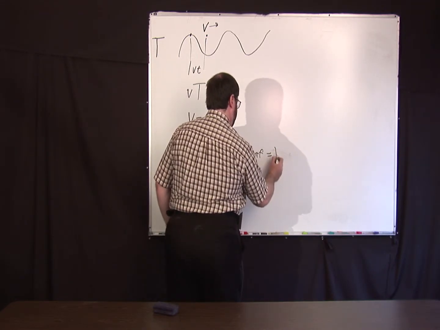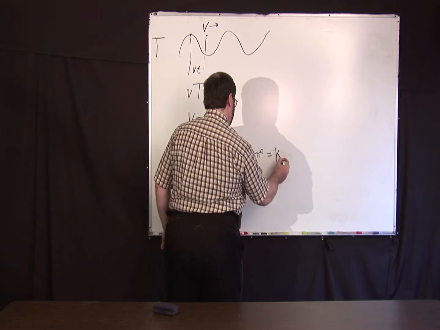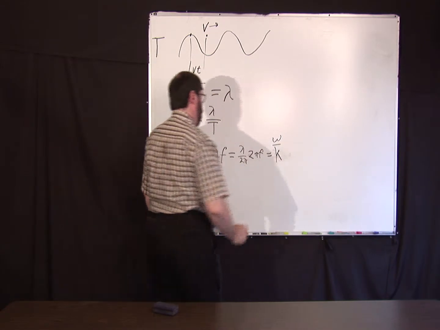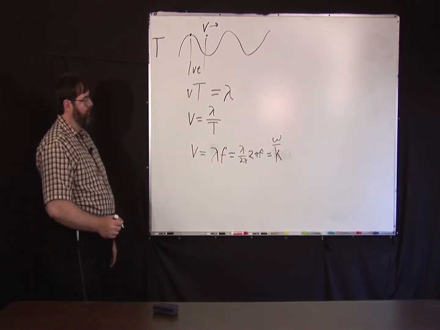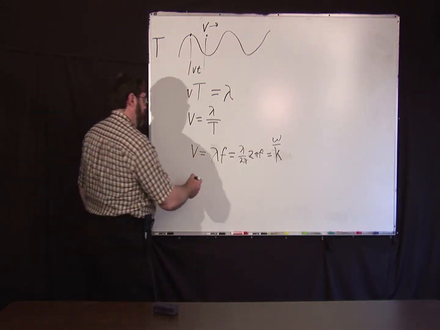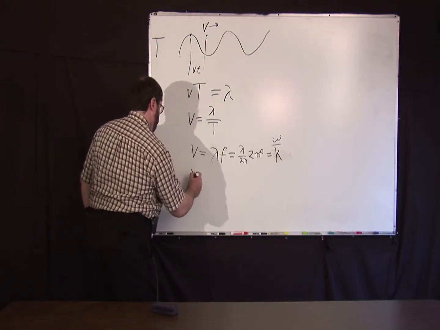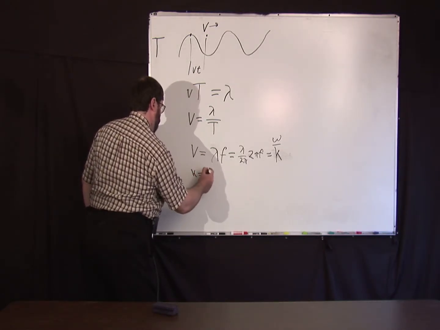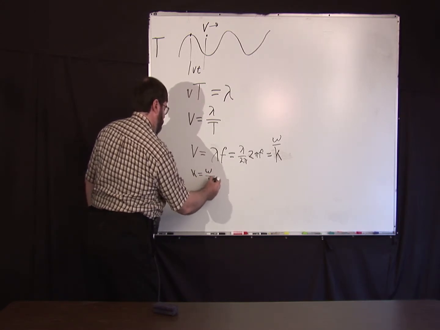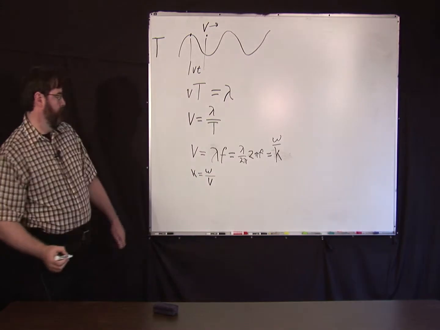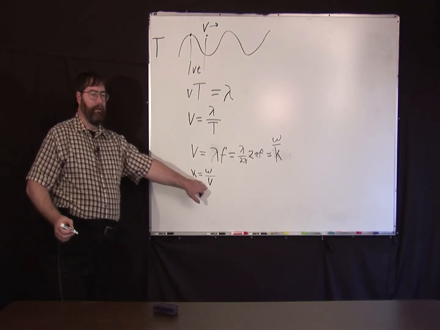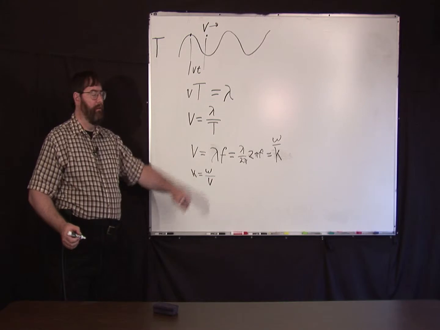This is k, it's 1 over k, it's omega over k. So in this case, k is equal to omega over v. So there's a relationship between the wave vector, the velocity, and the angular frequency.